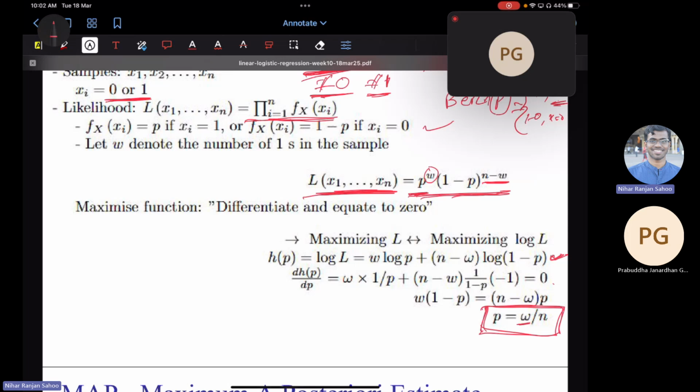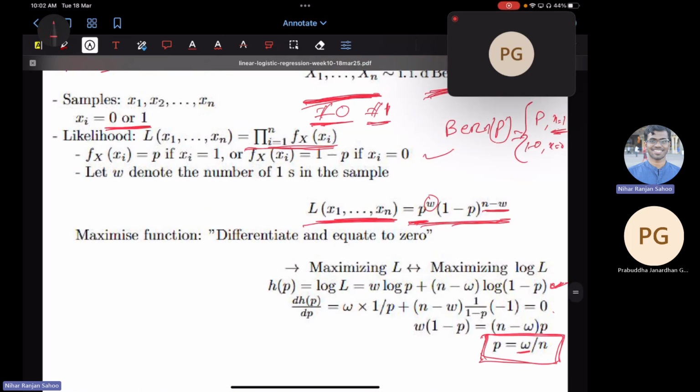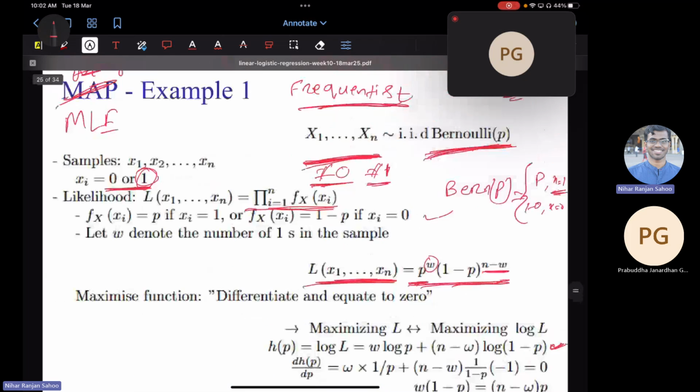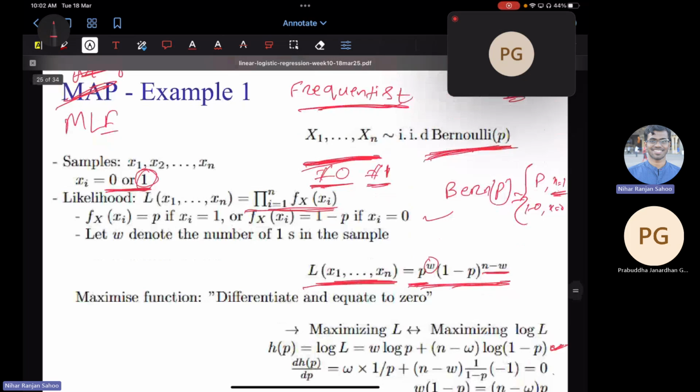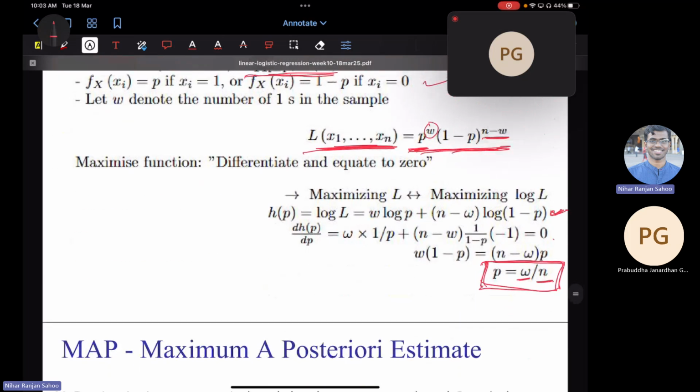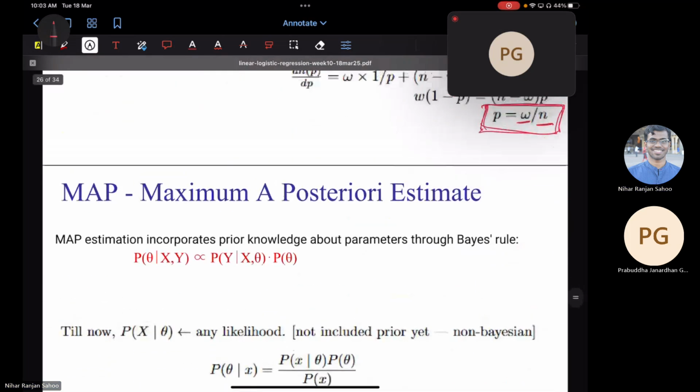It's the number of times class 1 occurred with respect to the number of times the experiment was done, right? This we know already. So this is how we estimate the parameter for given data points, right? You see what the underlying distribution is. From the underlying distribution, we compute the PMF or PDF, then convert into log likelihood, then equate it to zero and compute the parameters, right?